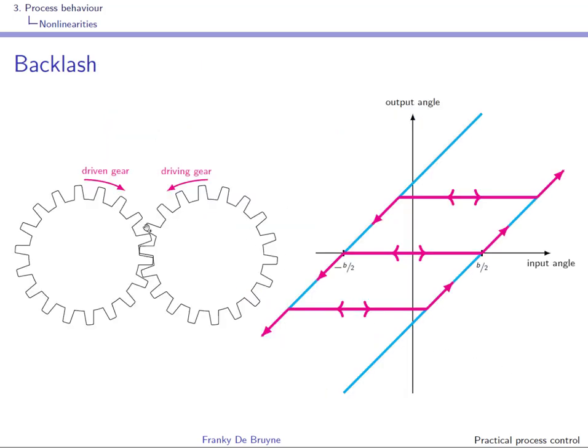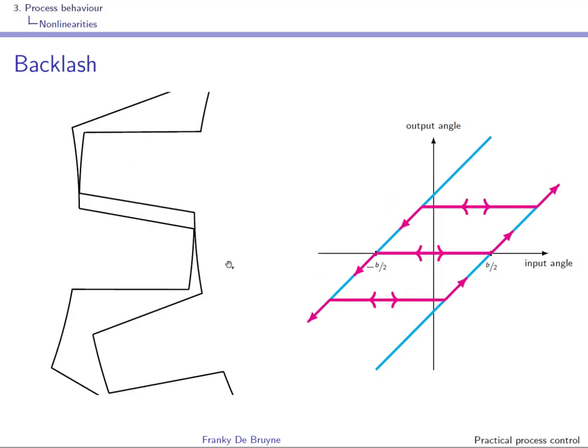Backlash typically occurs in transmission systems, and it is caused by the small gaps that typically exist in those transmission systems. In this representation, this is the input to the backlash, and this is the output.